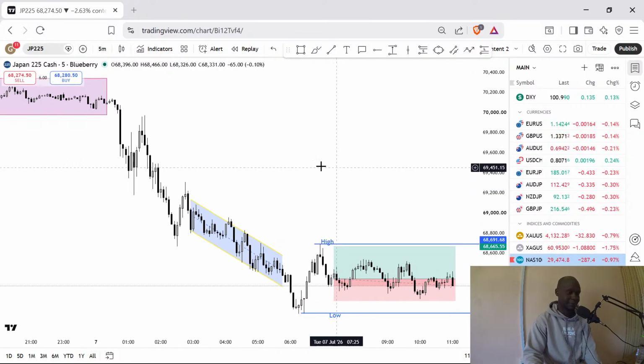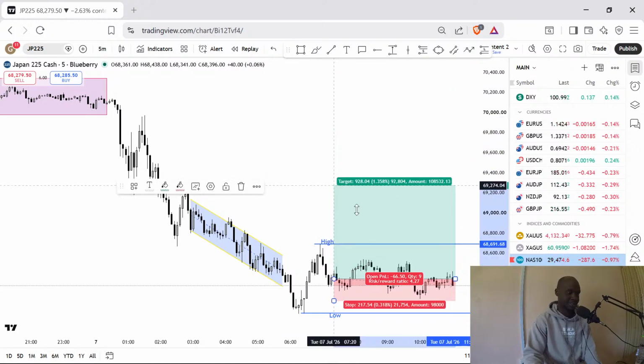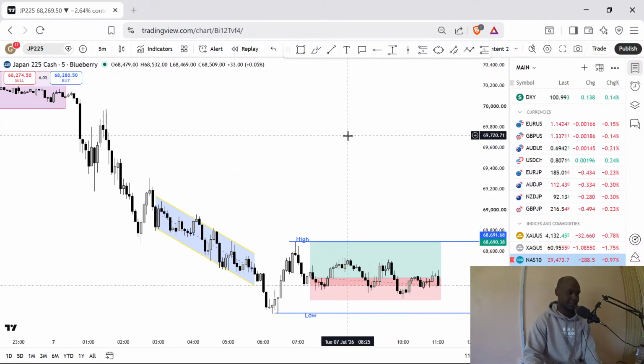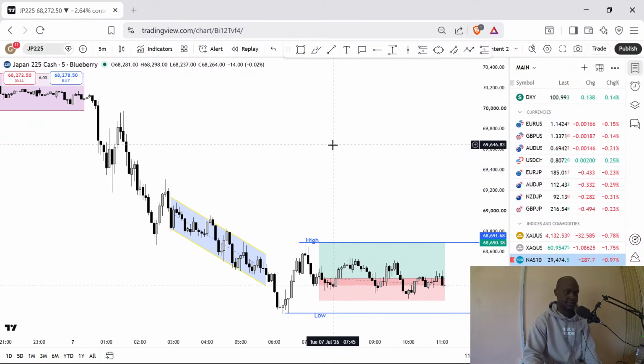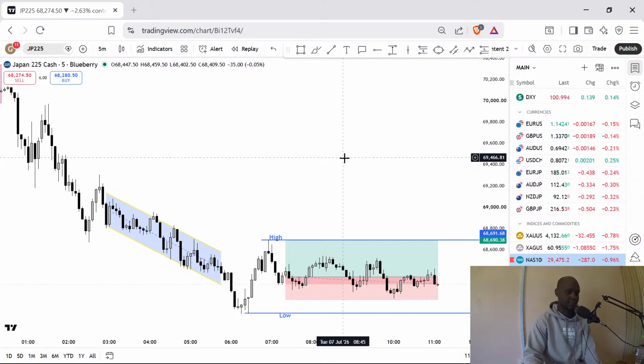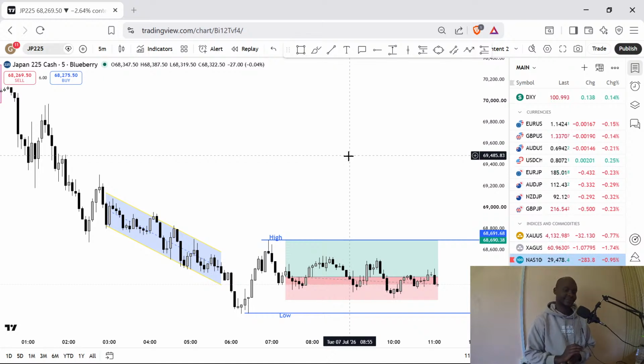Yeah, if price continues to push high, we actually have quite a distance before we can get some resistance at yesterday's high. This trade is actually testing my patience.